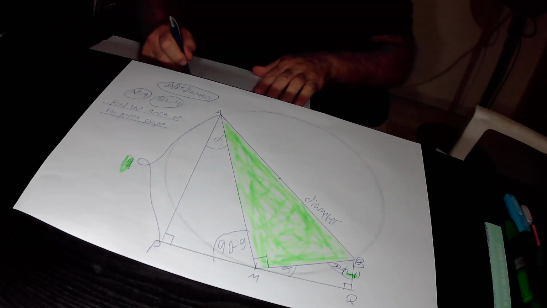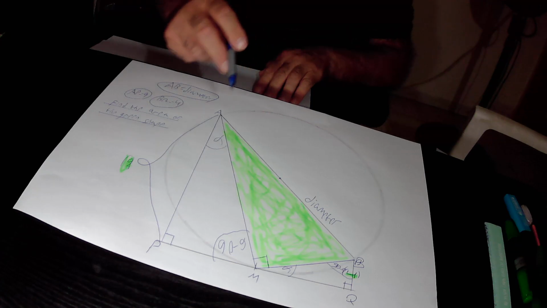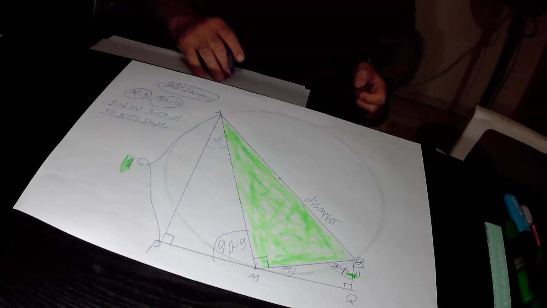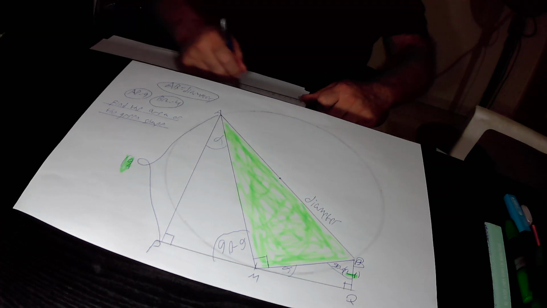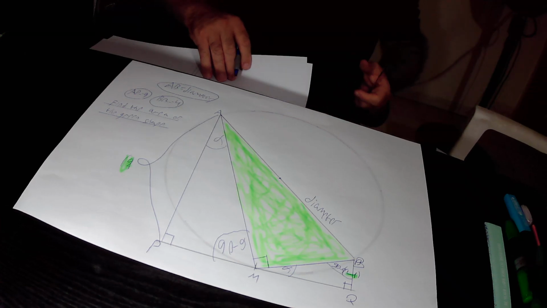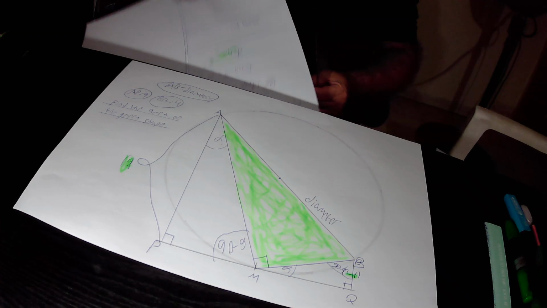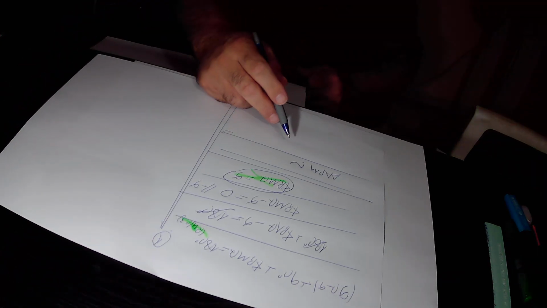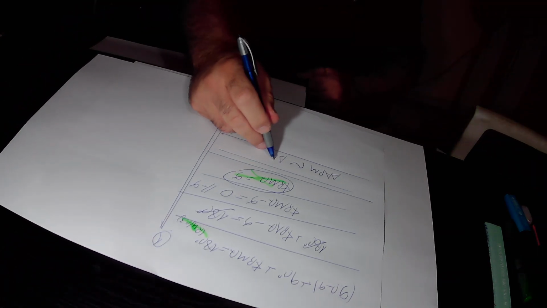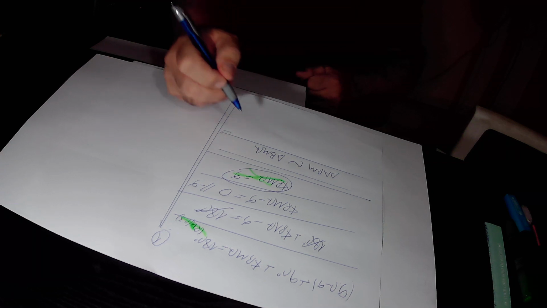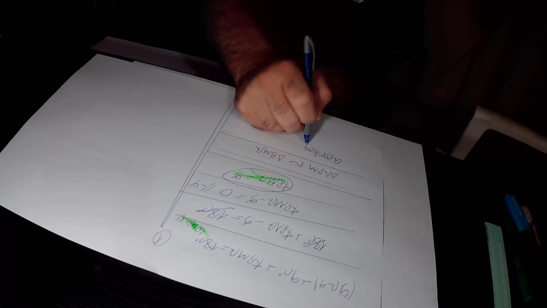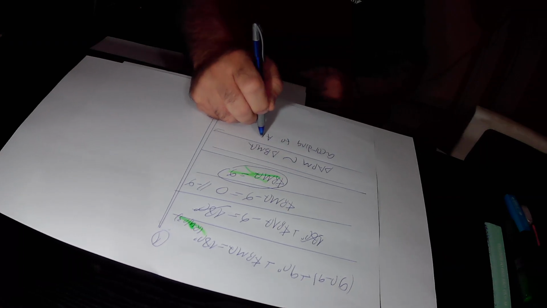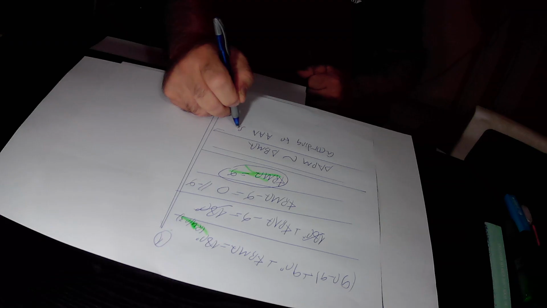We found out that this big right triangle APM is similar to the small right triangle BMQ according to angle similarity rule.